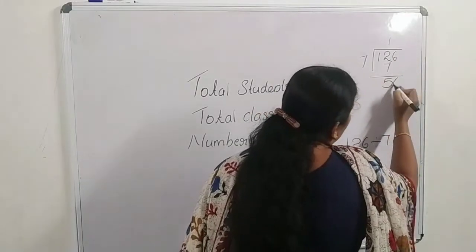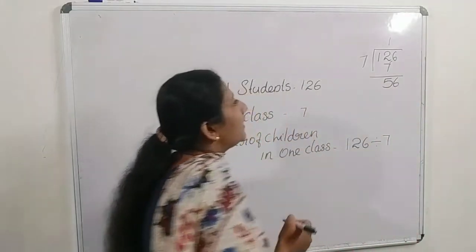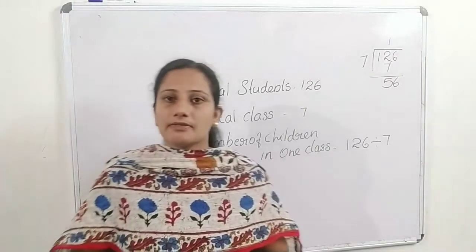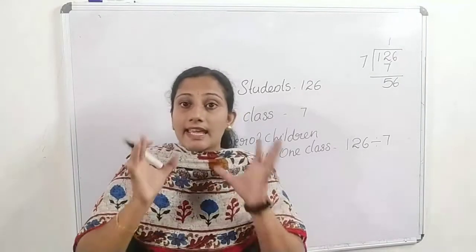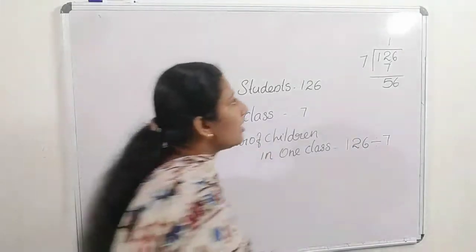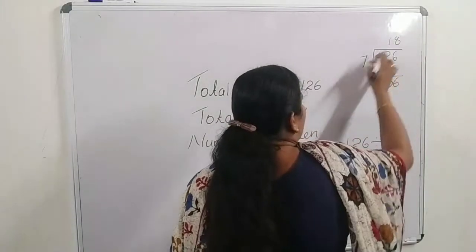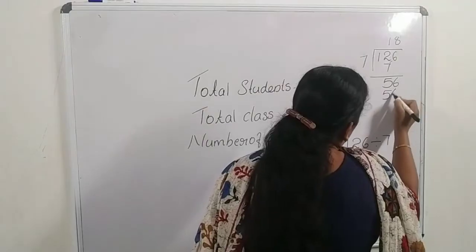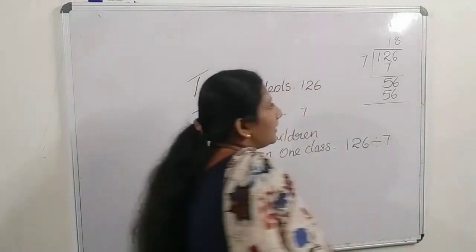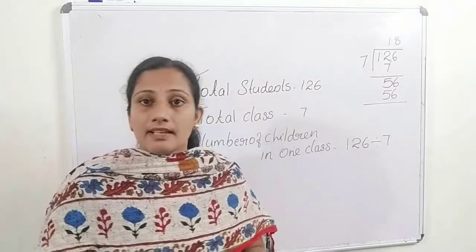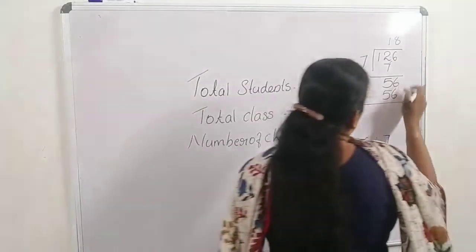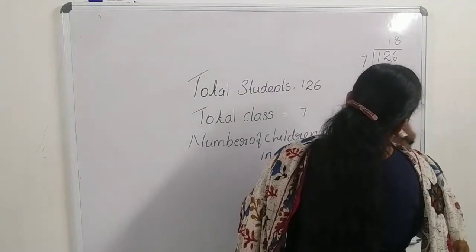So bring down 6, 56. In the table of 7, how many times are there in 56? Yes, 8 times. So let us write 8 here. Then multiplication, 8 into 7 is 56. Then the next step, subtraction, 56 minus 56 is 0.